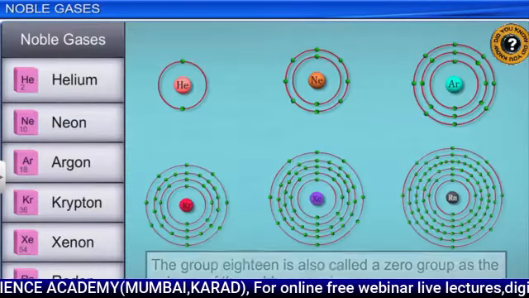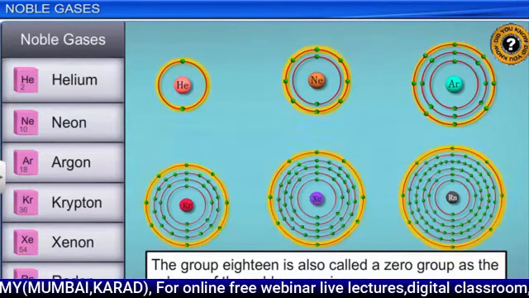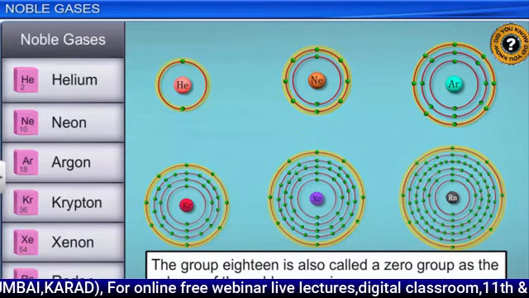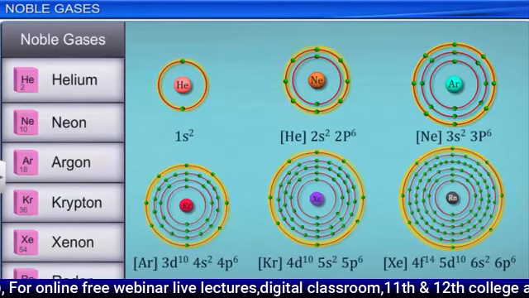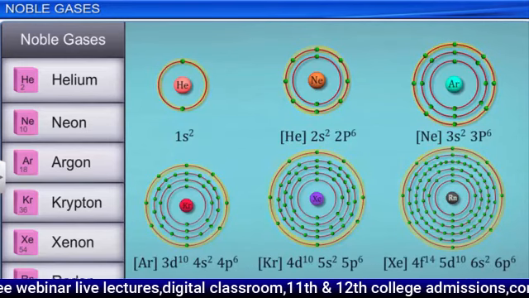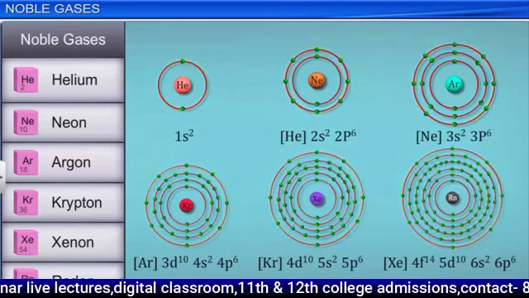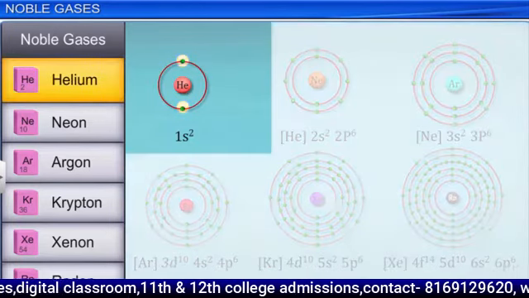Did you know that group 18 is also called a zero group as the valency of the noble gases is 0? In other words, noble gases have a stable electronic configuration as their valence shell is complete. For example, helium has 2 electrons in its outermost shell.